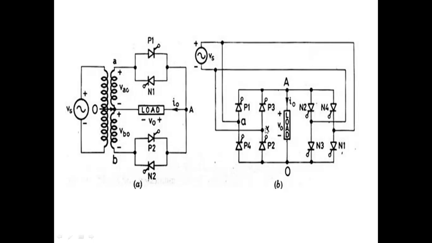When this is the positive terminal and this is the negative terminal, among these four thyristors, which are forward biased, which are reverse biased? See only here, positive, negative. If it is positive among these two, which one is forward biased?